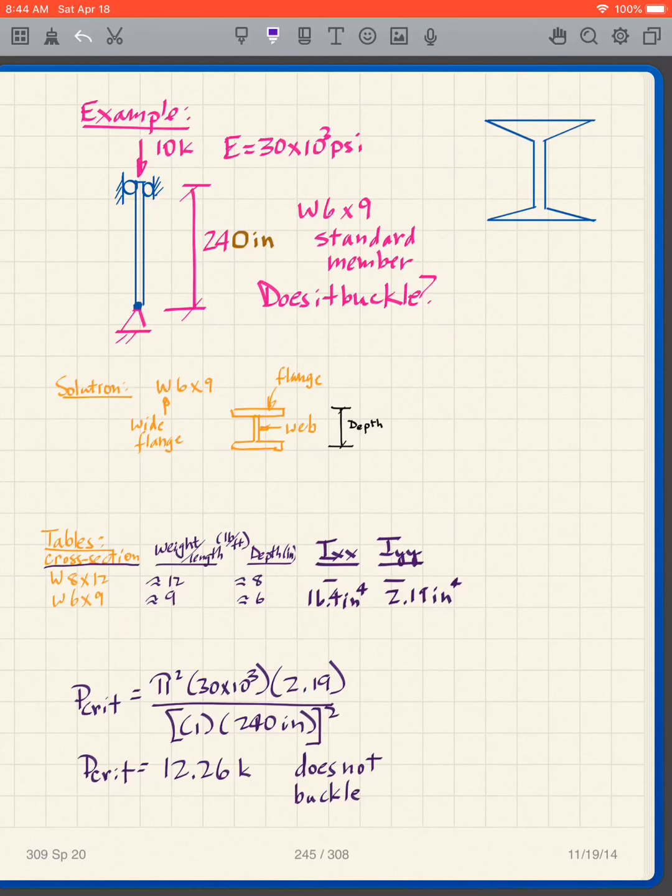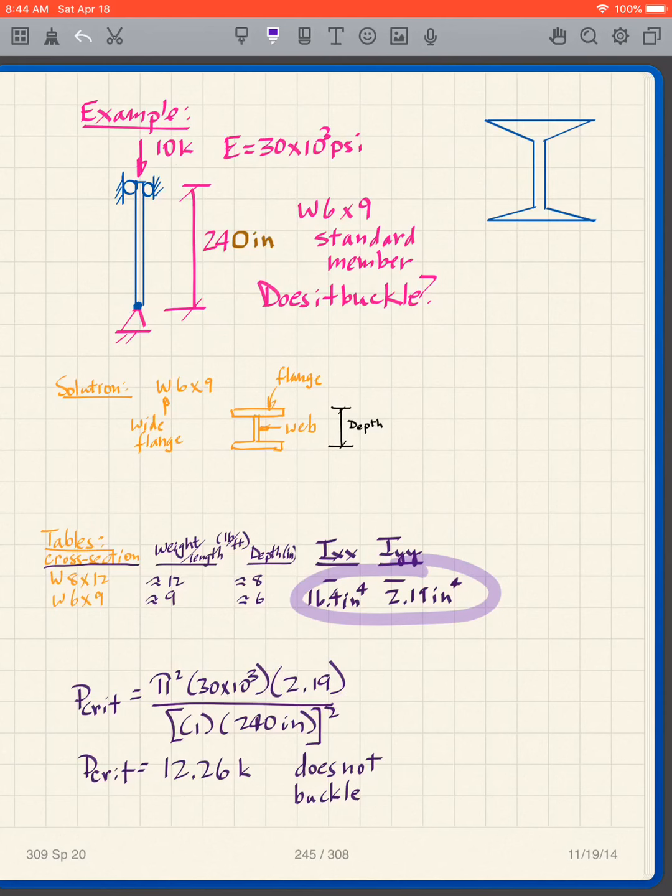Okay, so given this situation, we can figure out what P critical is. We know that P critical is pi squared EI over KL quantity squared. So we have our pi squared, our E. Now, which I do we use? We have two I's here. We've talked about it. We use the smallest one.